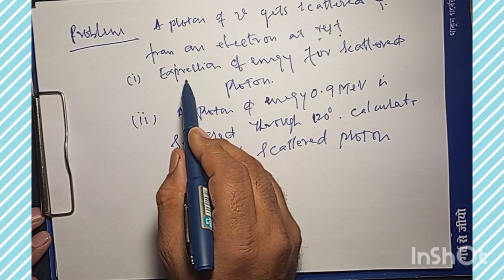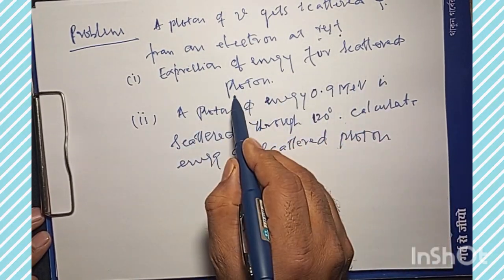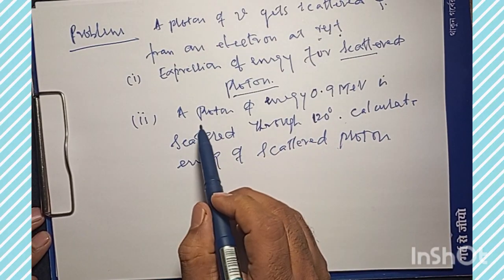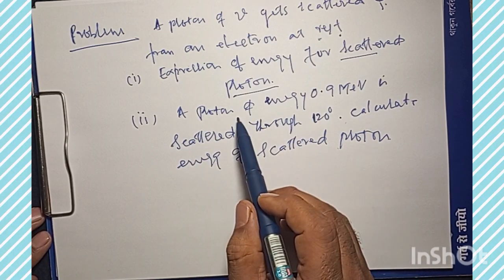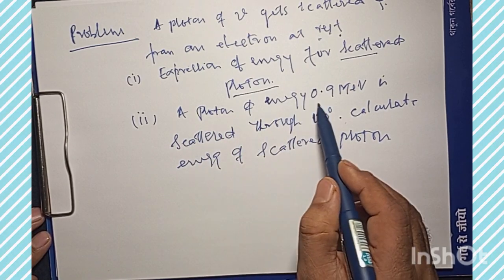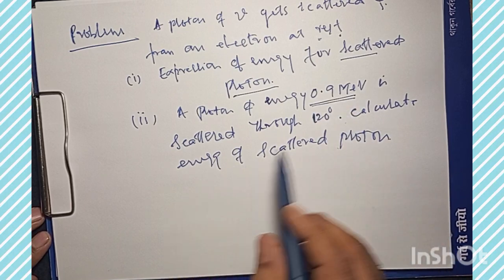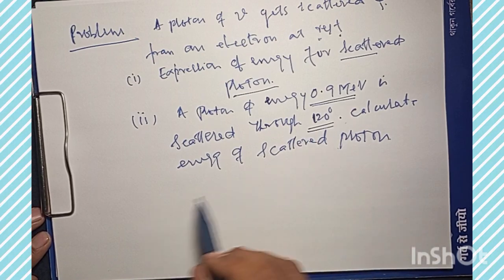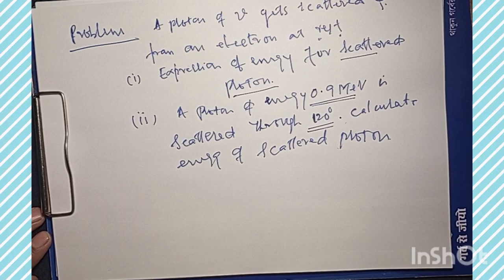The first thing it asks for is the expression for the energy of the scattered photon. The next thing the problem asks is that we have a photon whose incident energy is 0.9 mega electron volts, scattered through an angle of 120 degrees, and we have to calculate the energy of the scattered photon.